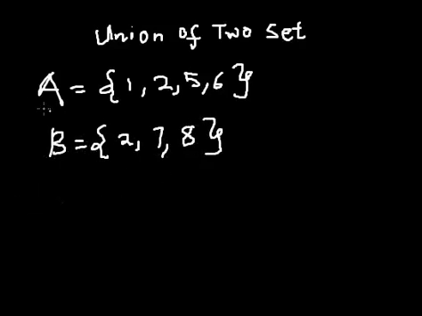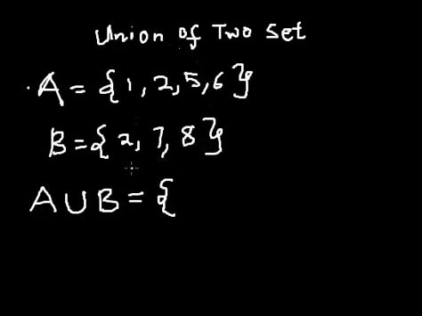If you're asked to find the union between these two sets, we use the symbol A union B. It's simply the set of all the elements, listed without repeating any element. We don't repeat elements in a union. So to avoid repeating, I'll list all the elements from A and B, probably in ascending order.